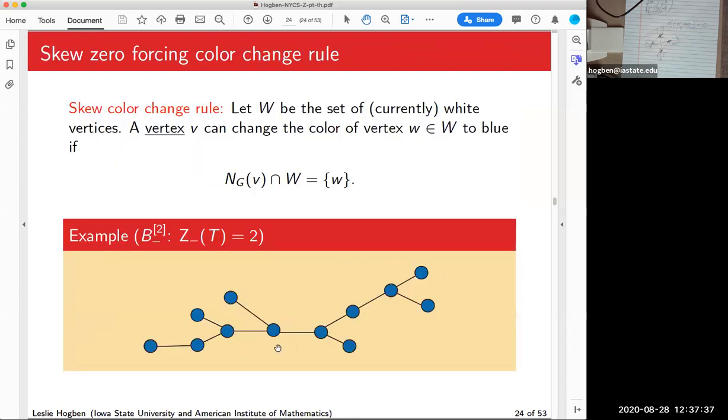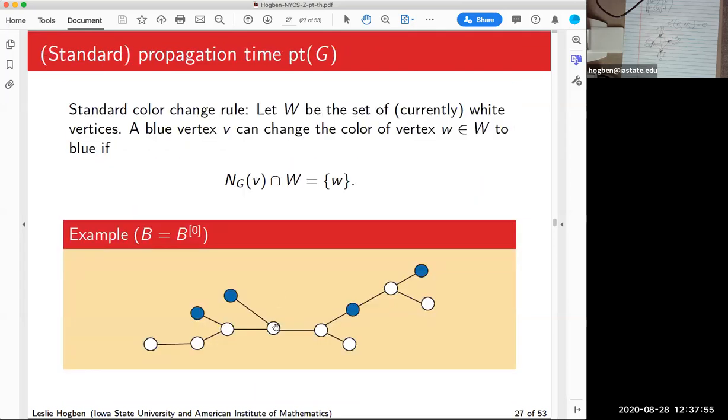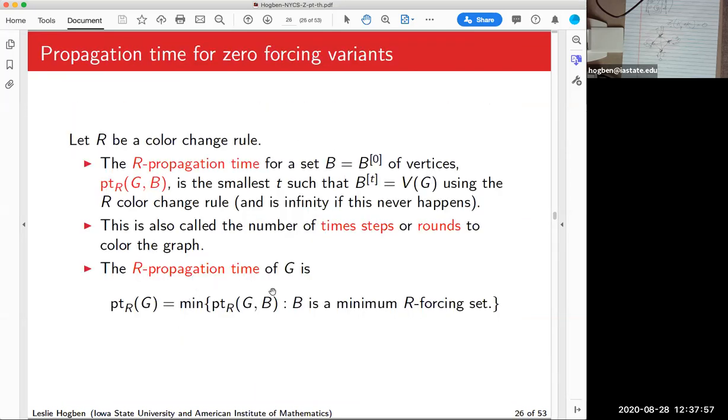The zero forcing number of this tree on PSD was 1, and the zero forcing number on standard was 4. So the skew and the PSD are always less than the standard, but they're not comparable between the 2 of those. And because the propagation time of the graph uses a minimum zero forcing set, it renders the propagation times all non-comparable.